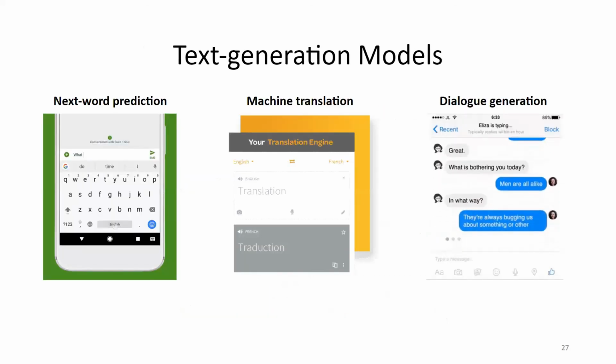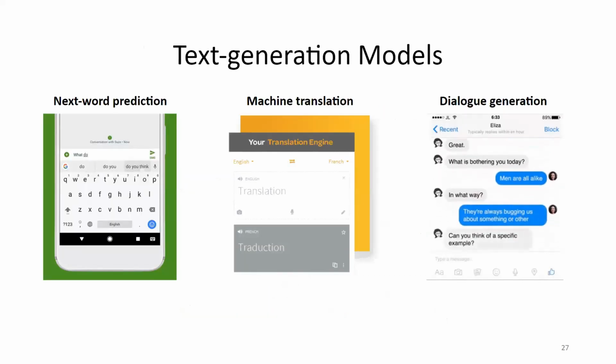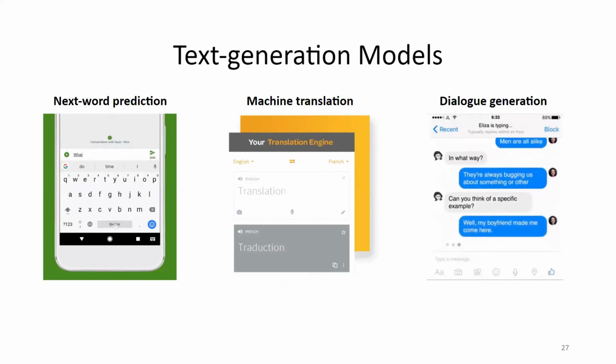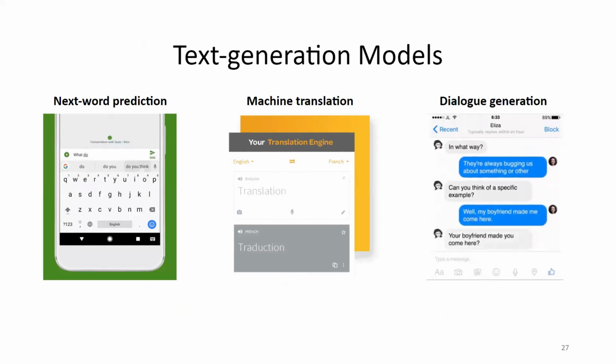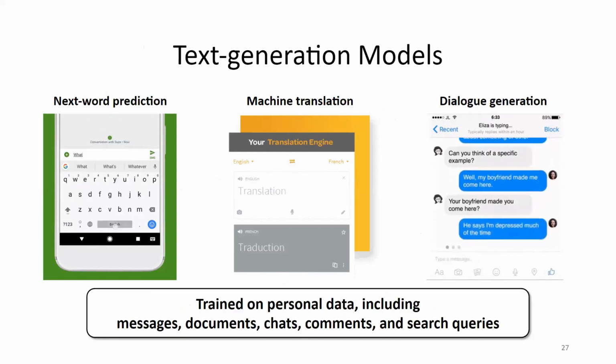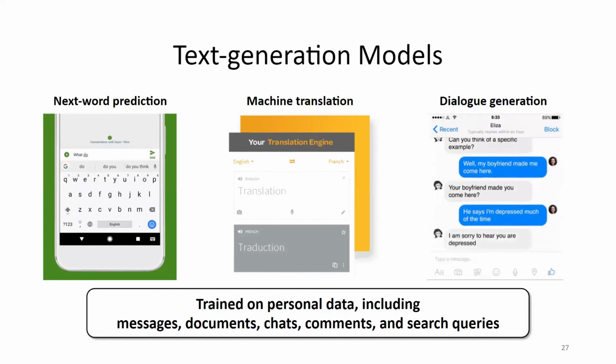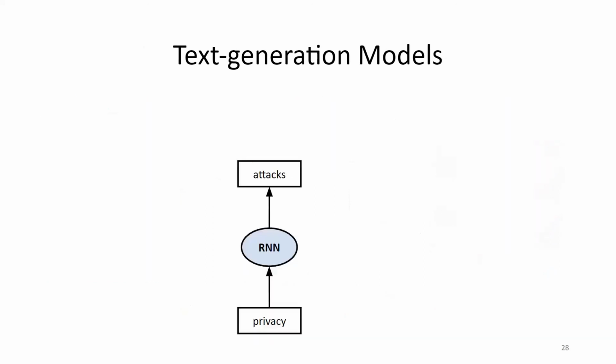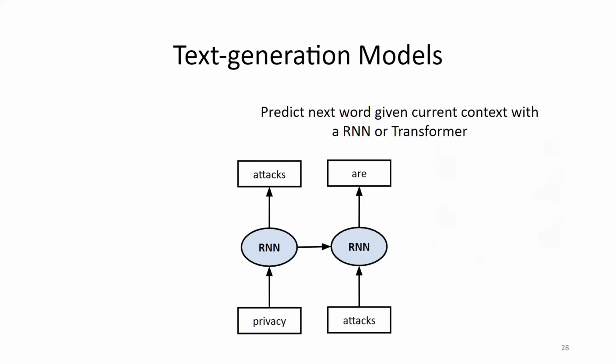In this work, we focused on auditing text generation models. This includes models for next word prediction, machine translation, and dialogue generation. These models can be trained on personal data, including messages, documents, chats, comments, and search queries. And I'll briefly introduce how this model works. This text generation model will predict the next word given the current context using a recurrent neural network or transformer.